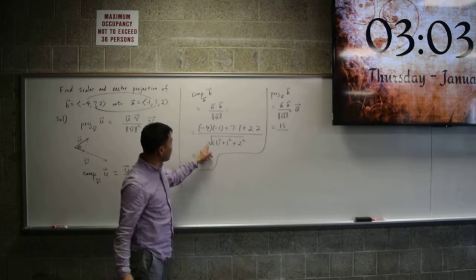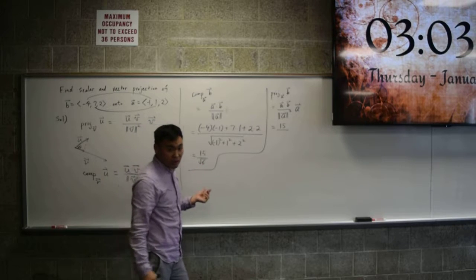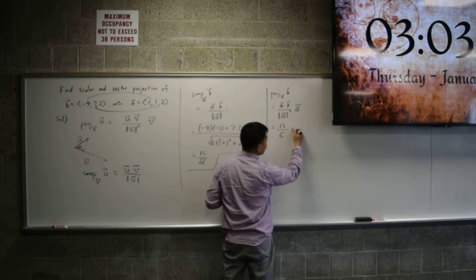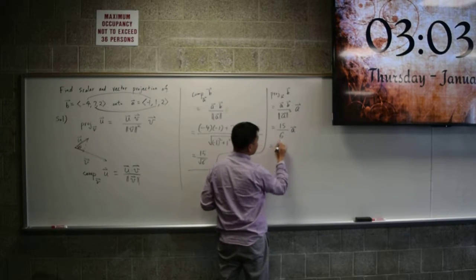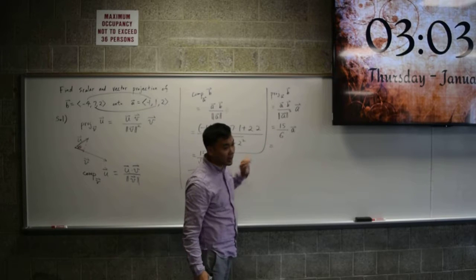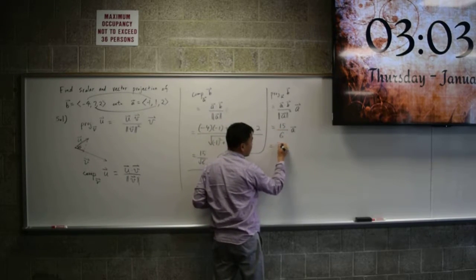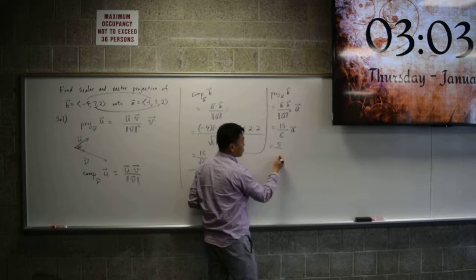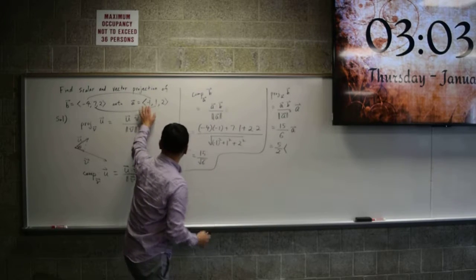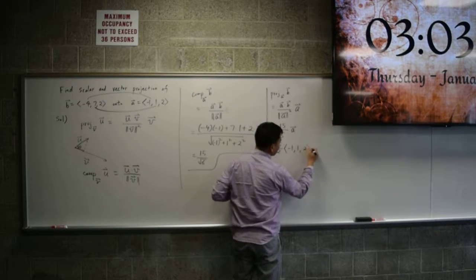How about the norm squared? The norm itself is radical 6, so if you square it, you get 6, and then you have to multiply to A. These both have 3 as a common factor, so let's reduce top and bottom by 3. Dividing 15 by 3 gives you 5. 6 by 3 gives you 2. And A vector is -1, 1, 2.